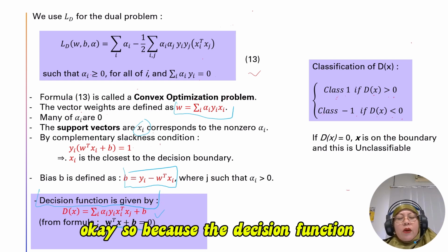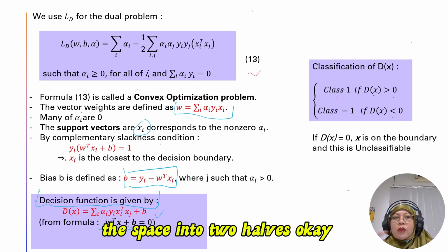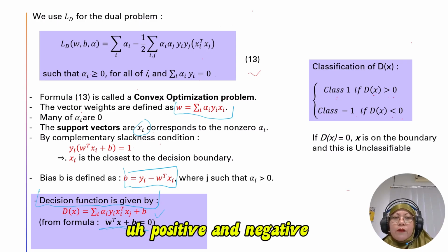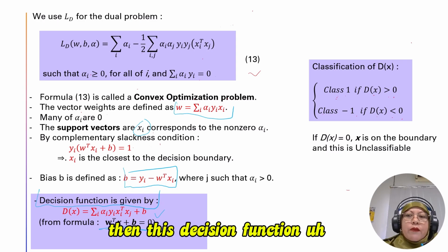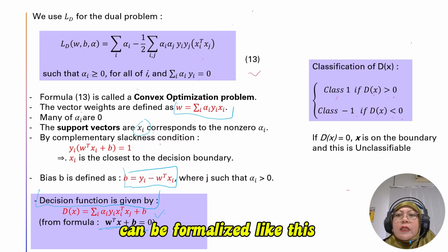Because the decision function divides the space into two halves, positive and negative, this decision function can be formalized like this.